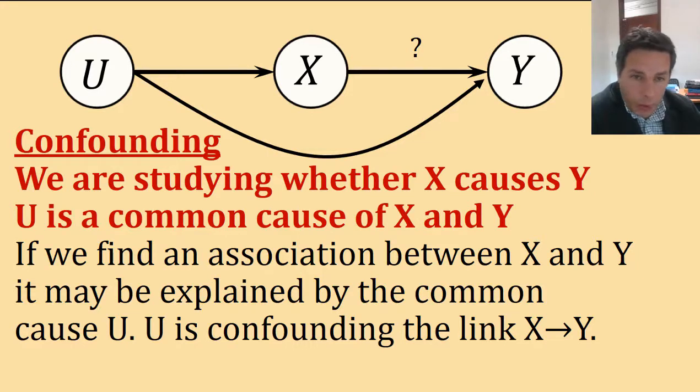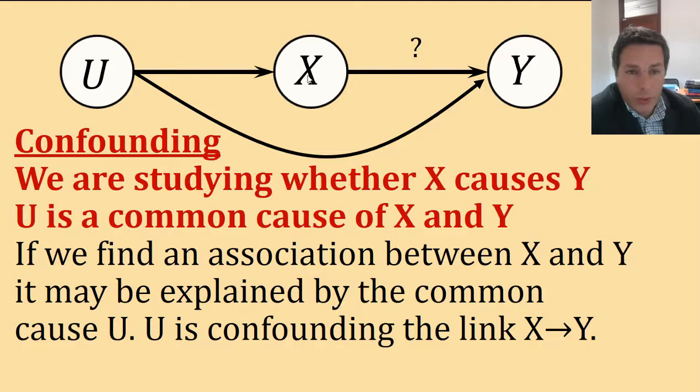One is to run an experiment in which we fix the value of x and we observe the effect on y, and we have two groups. So we have the value of x at some level and the value of x at another level, and we observe the effect on y.